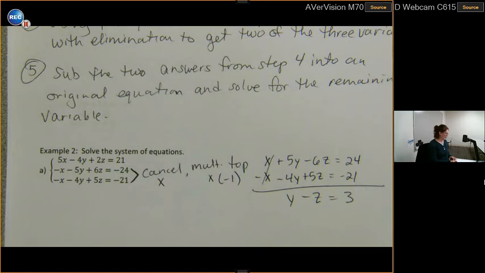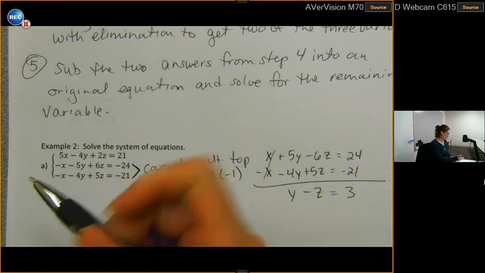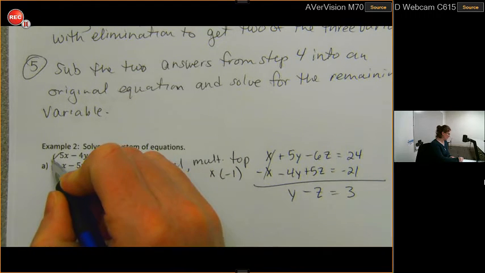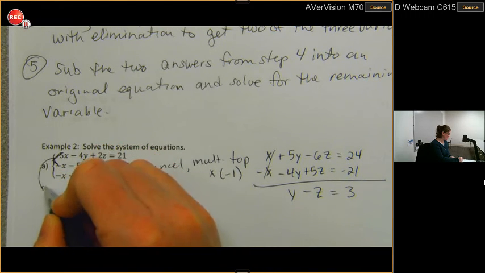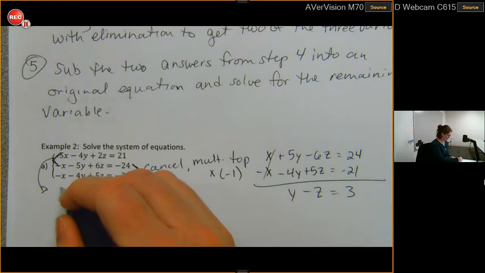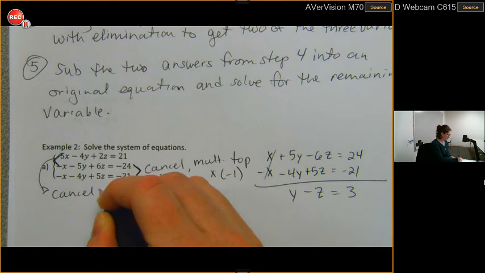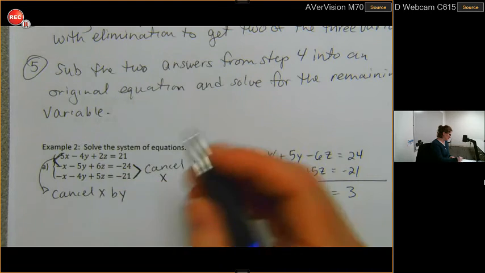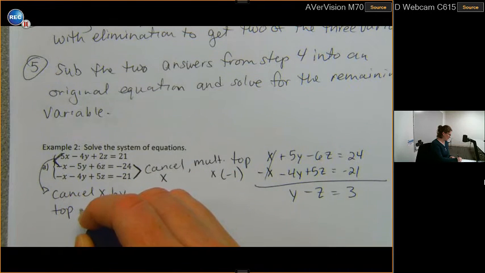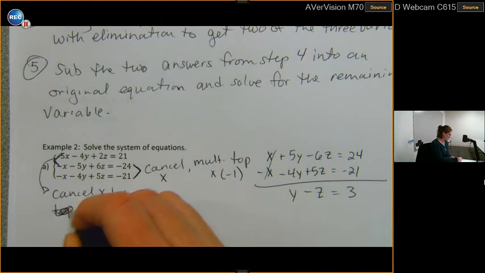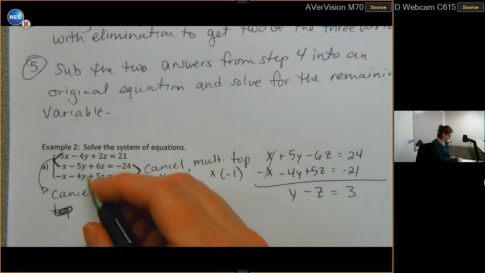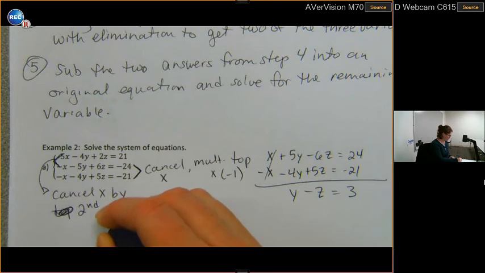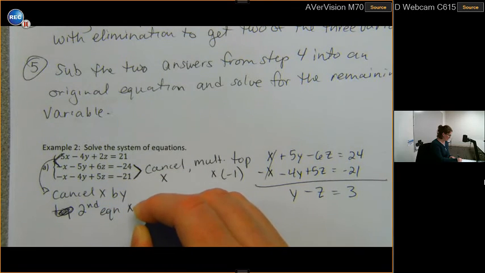Now I go back to my original 3 equations and I pick a different pair. So I'm going to use the top one with the second one. And I'm going to cancel the x again. To make the x cancel, I'm going to take the top equation. Now I'm going to take the second equation times 5.